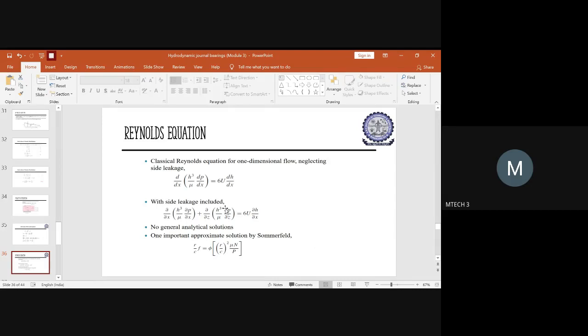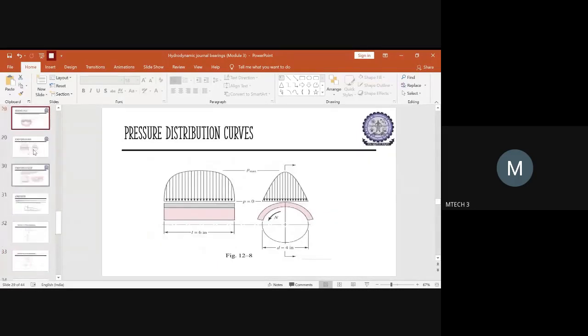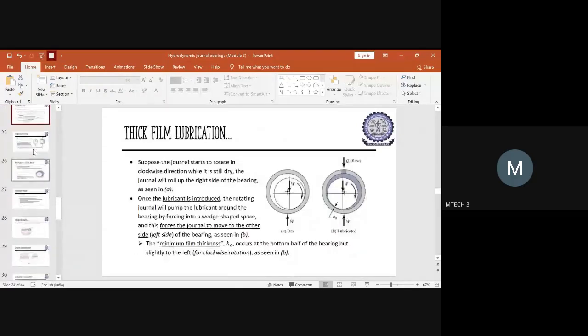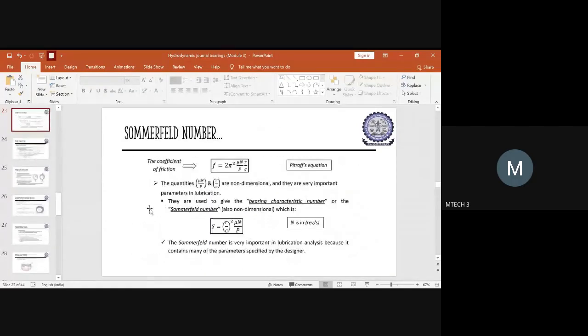If the leakages are assumed to be neglected, then this will be the reduced form of the Reynolds equation. Along with that, one important approximate solution you have to understand is by Sommerfeld. We derived a Sommerfeld number with respect to the Petrov equation before also, right? The Sommerfeld number we derived with respect to the coefficient of friction for the Petrov equation, which is (r by c) whole square mu n upon p.